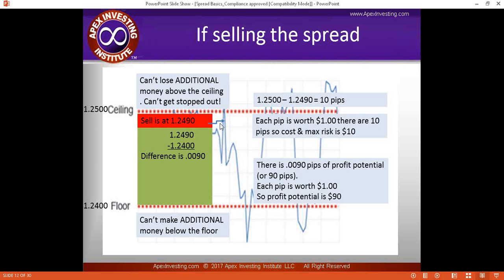What if I sell at $24.90, saying the market's going down, and I'm right, the market goes down, and shoots down 200 pips. Each pip is worth $1. How much would I make on that spread?